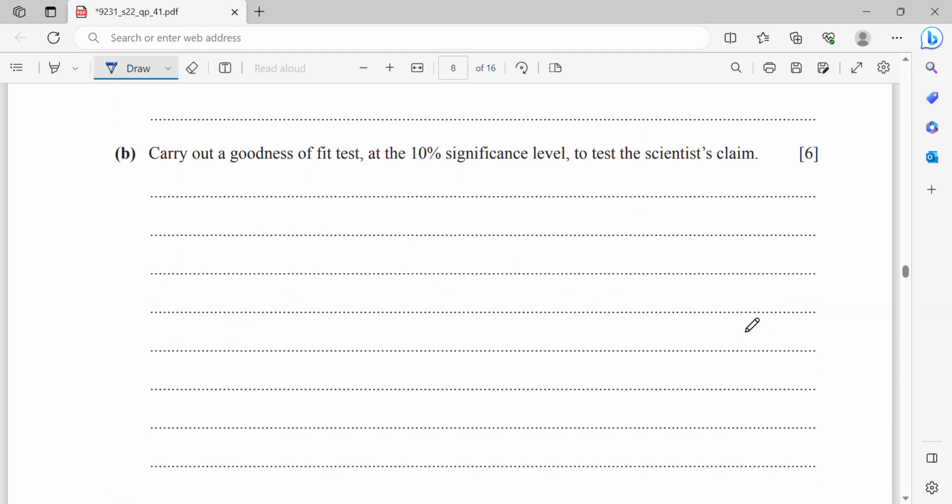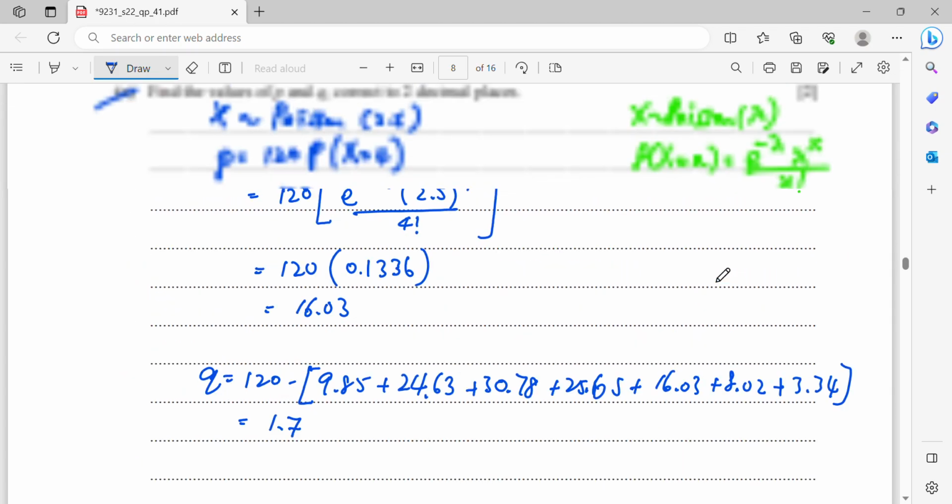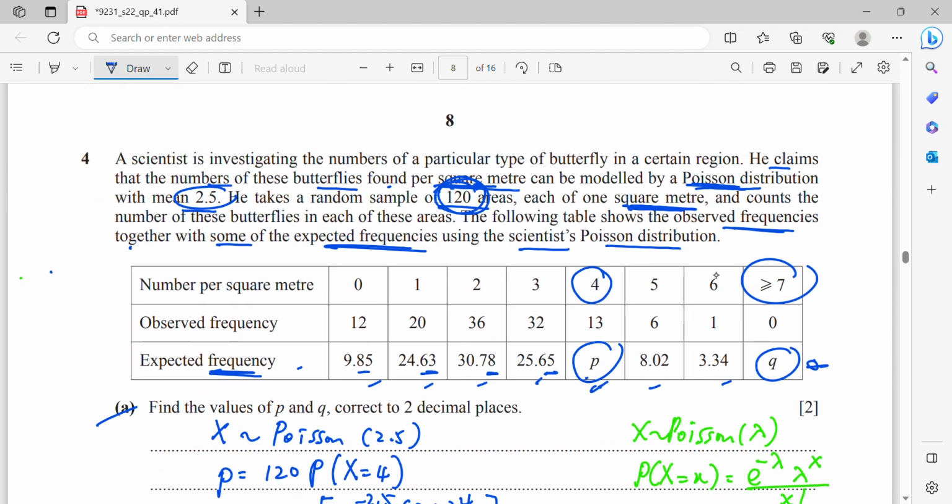Now, B, carry out a goodness of fit test at 10% significance level to test the scientist's claim. The scientist's claim is that it is Poisson distributed, so the number of butterflies is Poisson distributed with mean 2.5. That is the claim.